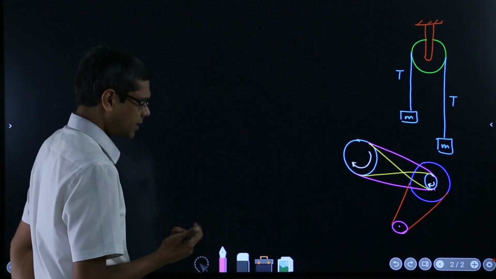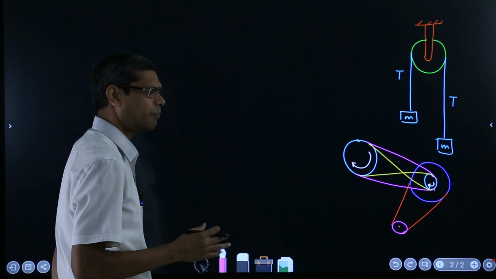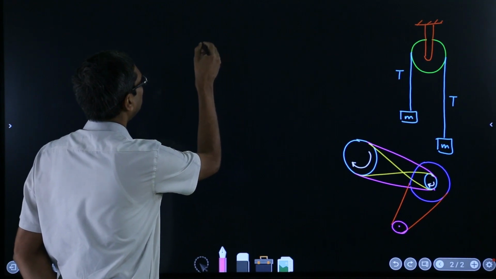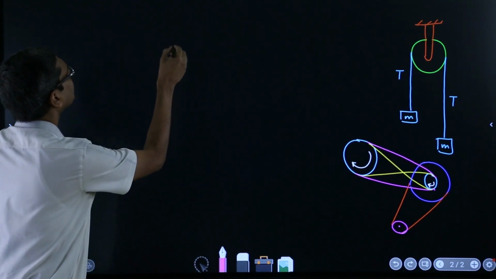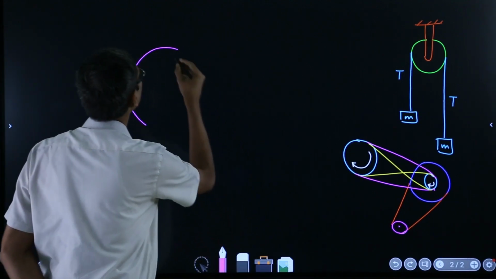Now having said that, let's go and discuss the basic concepts behind this. So let me draw a bigger pulley maybe here.